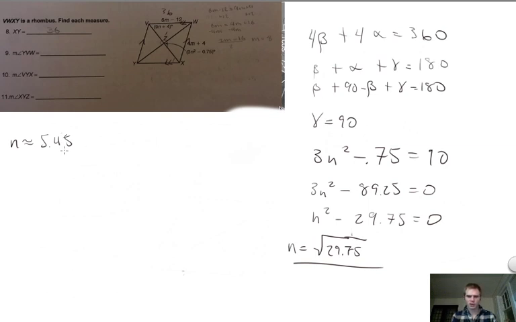3 times 29.75 minus 0.75 equals 329. Oh, that doesn't make sense.